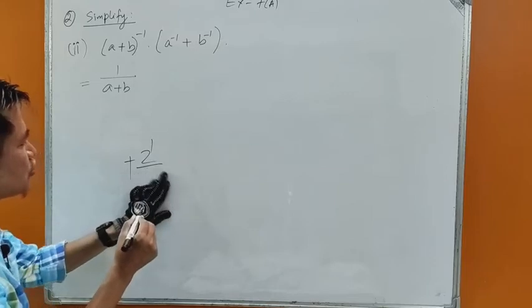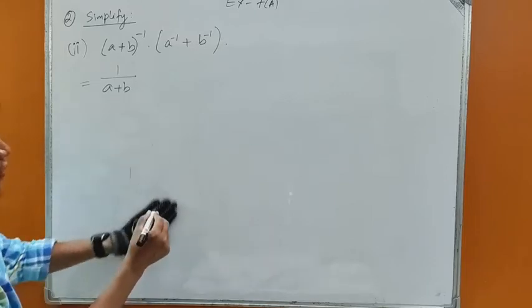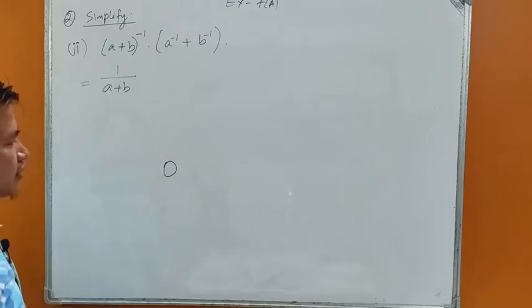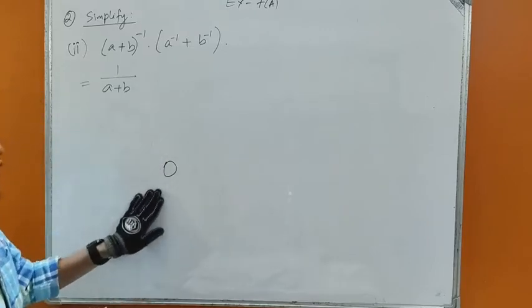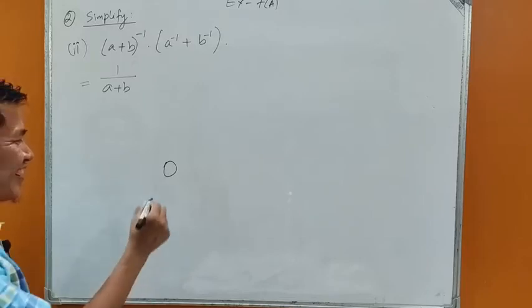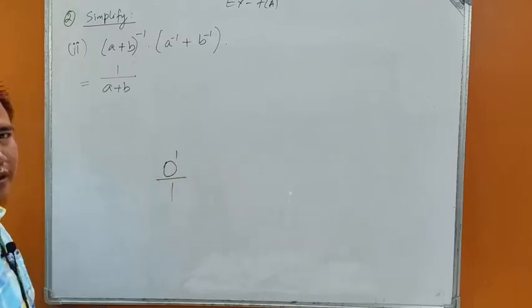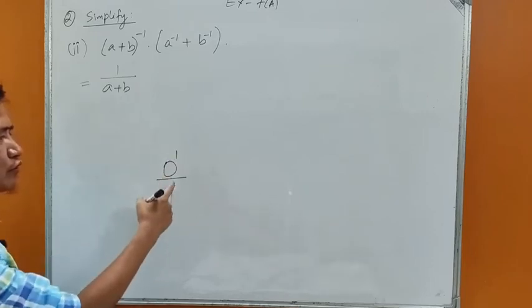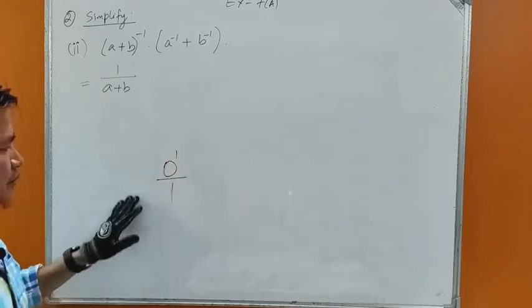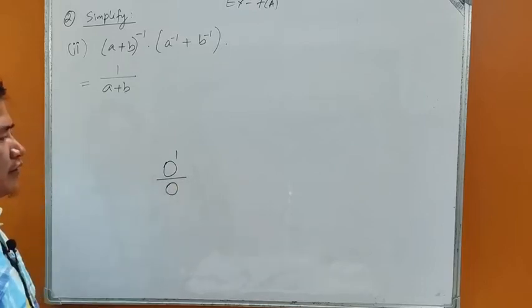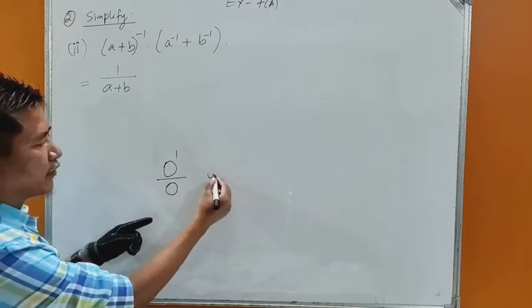There is never 0 in the denominator. Even the number 0 is written like this. If this is 0, you should understand 0 has no sign, there is 1 in the denominator and the power of 0 is 1. These pieces of information should be understood, because if there is 0 in the denominator, then 0 upon 0 means undefined, no value.